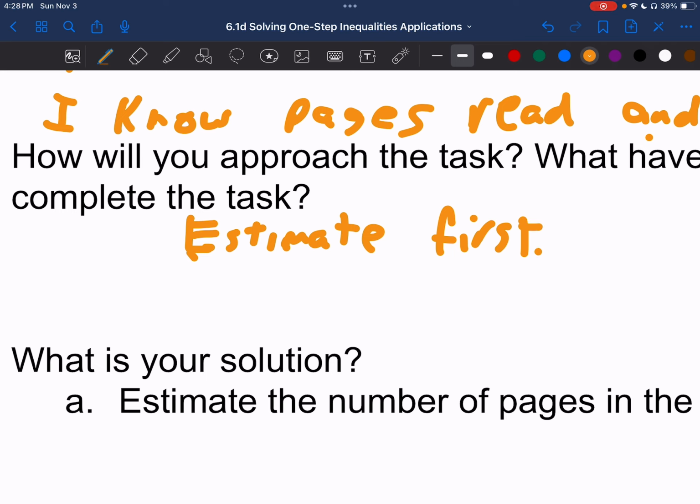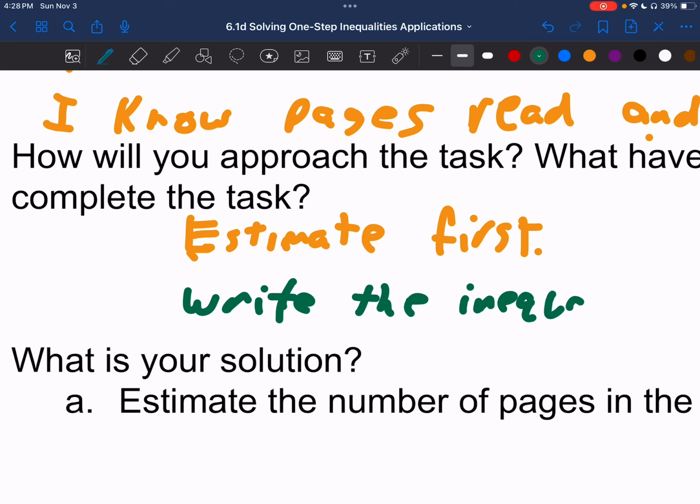Once I've estimated and I have a ballpark idea of what I should be coming up with, I'm going to then write the inequality and solve.